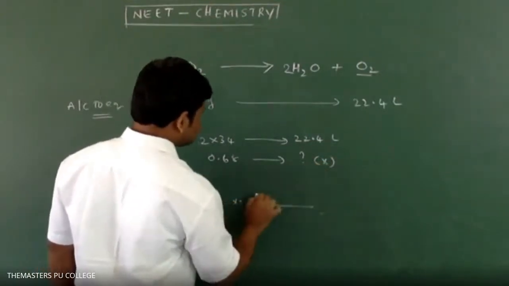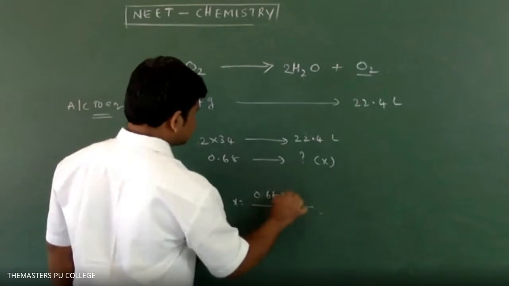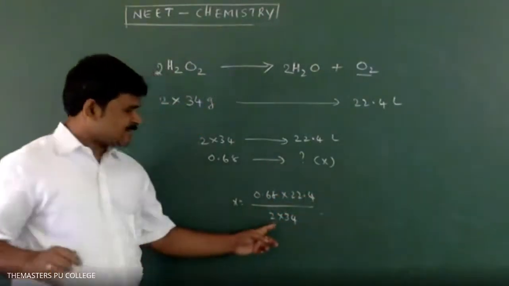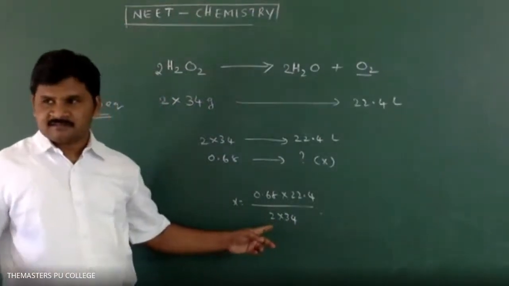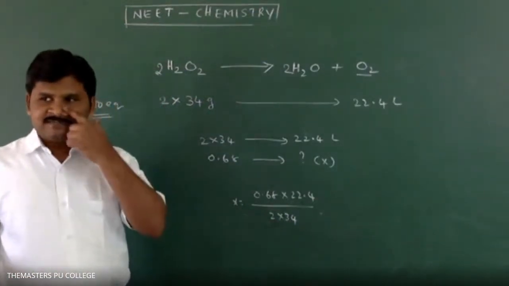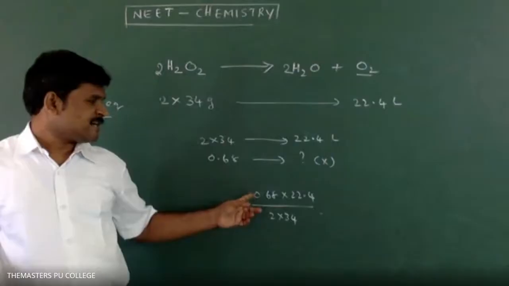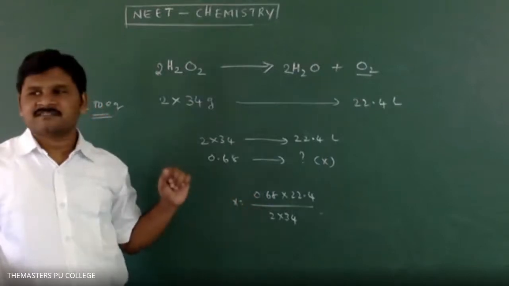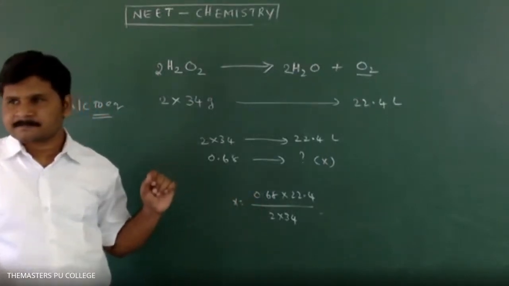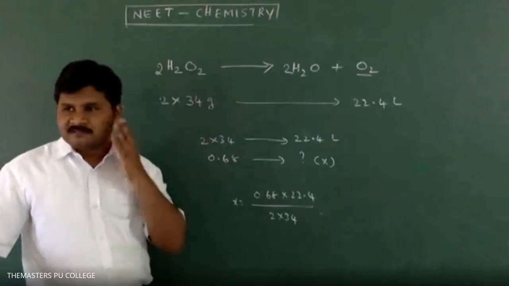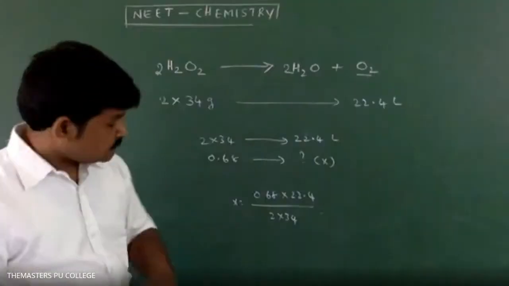This is equal to 0.68 into 22.4 divided by 2 into 34. 2 into 34 is 68. So 0.68 by 68 is 0.01. The answer is 0.224 liters.